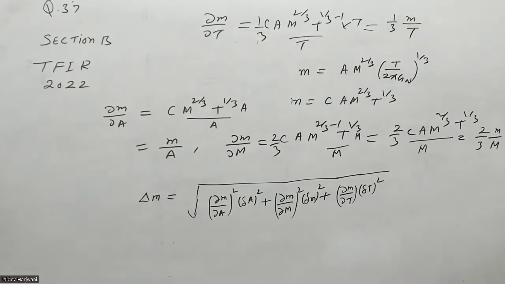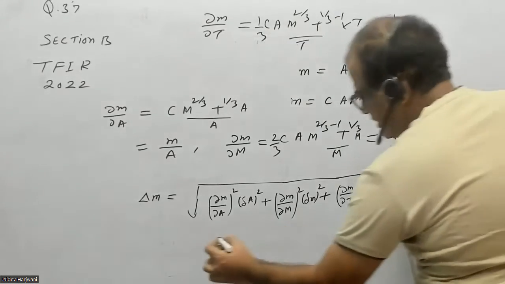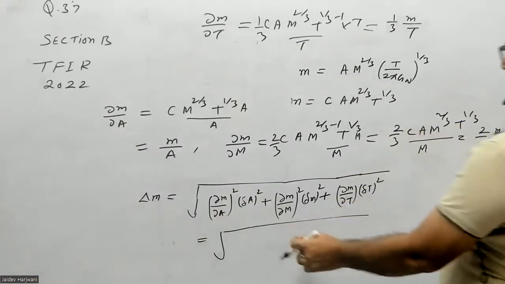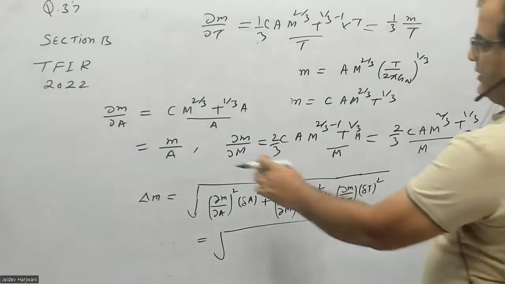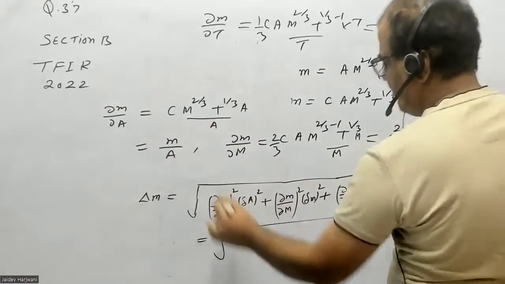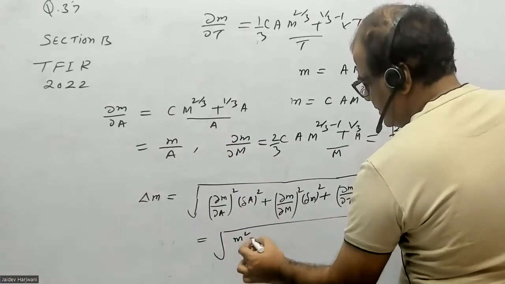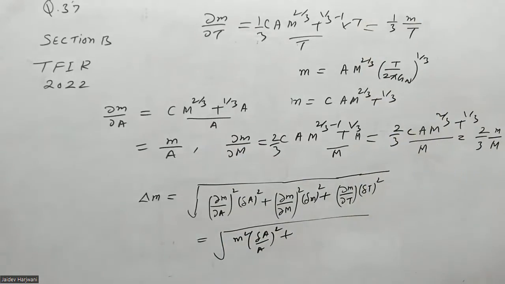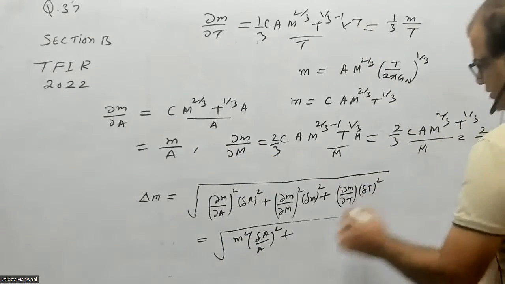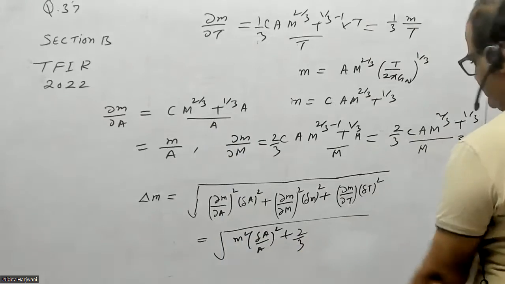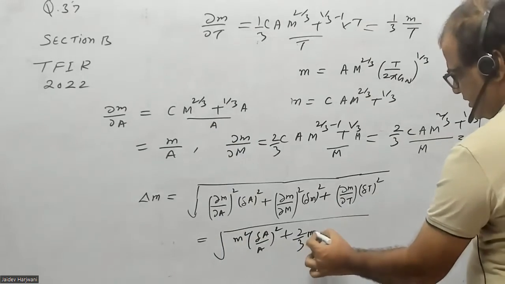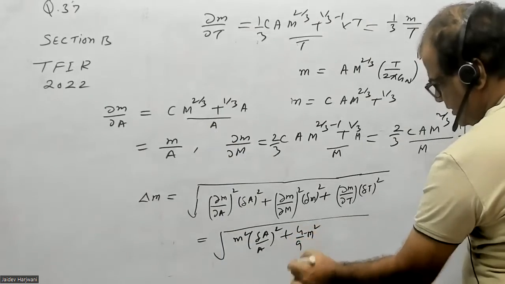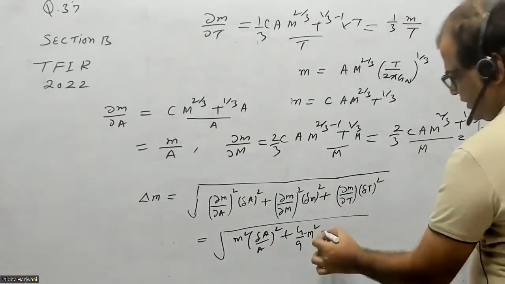Now put the values here. Delta m by A, the value is given by m by A, so this will become m squared delta A upon A squared. Here delta m by M is 2/3, so I can add 2/3 squared, which will become 4/9, and capital M squared will go here.